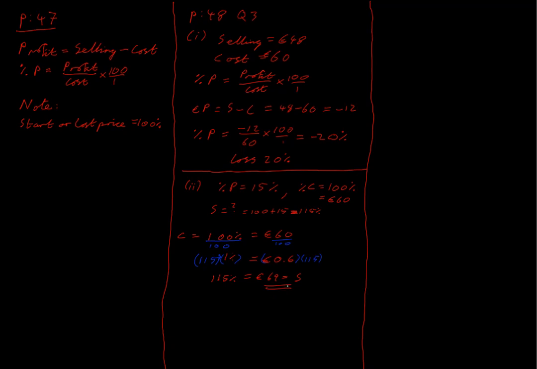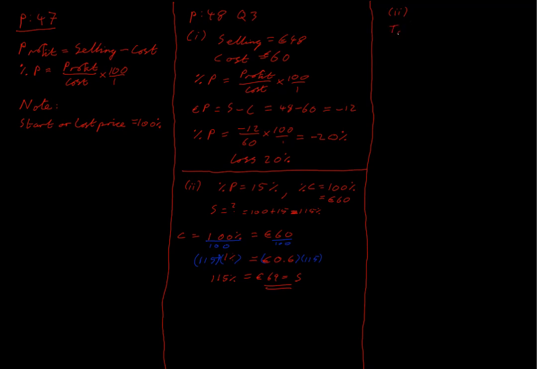Now, finally, part 3. Write down the cost price and selling price of the two tickets combined. What percentage profit or loss as a percentage of the original cost did Grace make overall? So now we're dealing with total cost and total selling price. So part 3, we're asked about the total cost and the total selling price for both tickets.